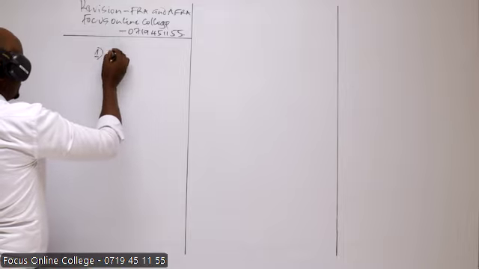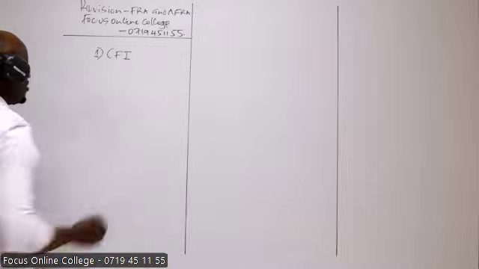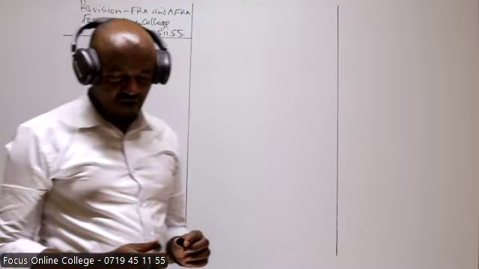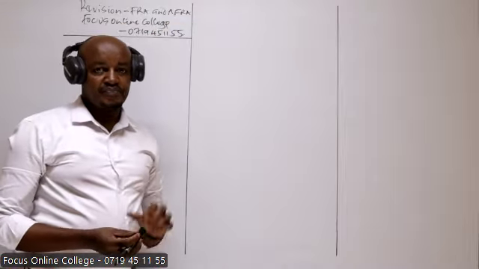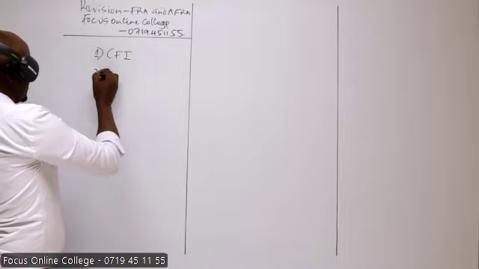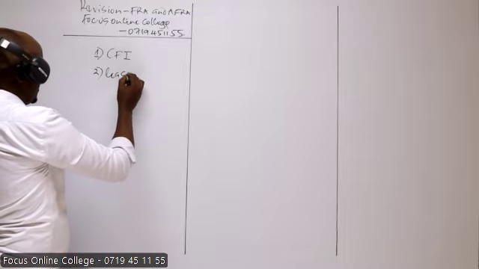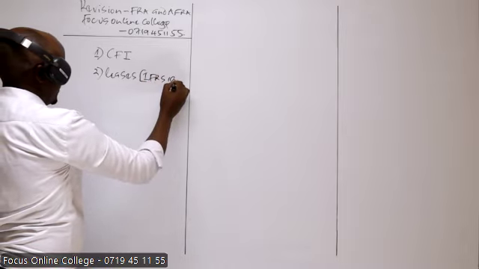Number 1, we're going to look at CFI. Recall that these are compound financial instruments, a concept you covered in the topic of financial instruments. Then also, we're going to revise how leases are accounted for in accordance with IFRS 16.